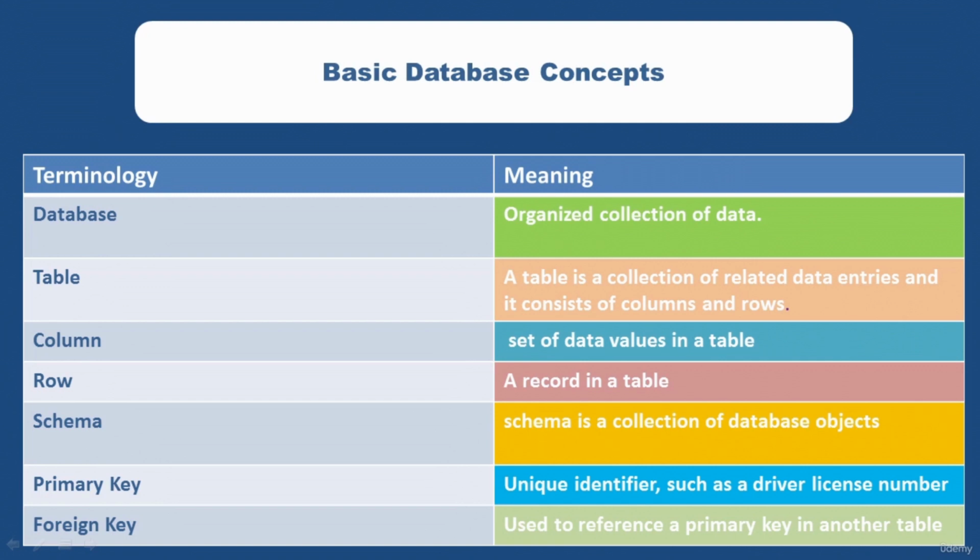A foreign key, on the other hand, is like a primary key, but not exactly. It is used to reference a primary key in another table.